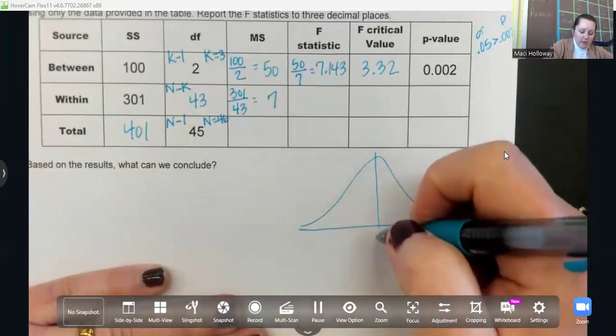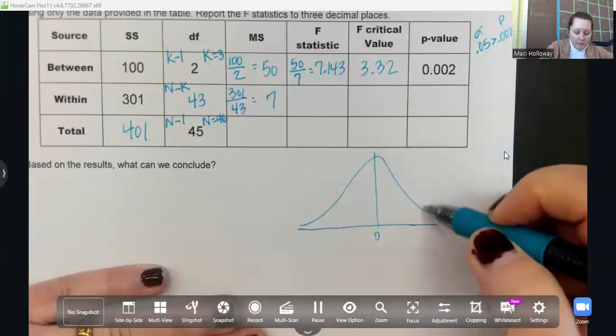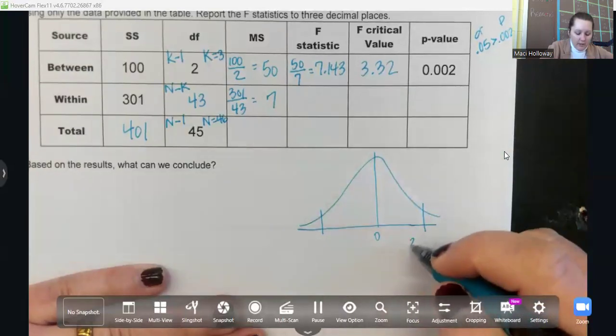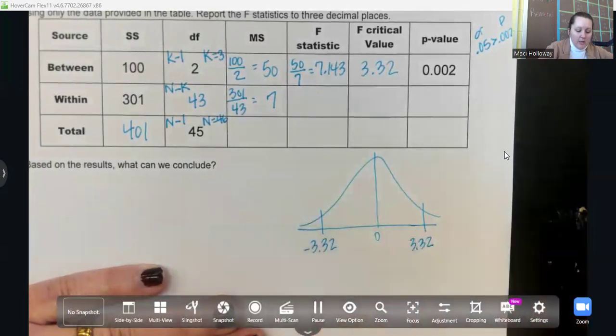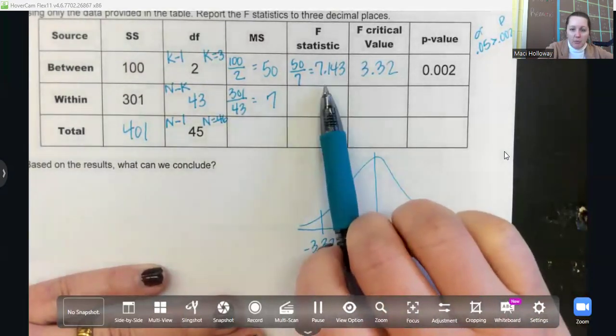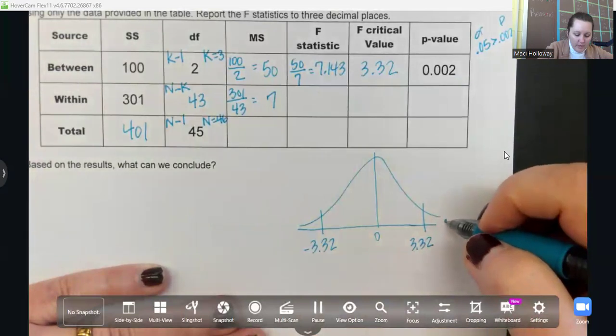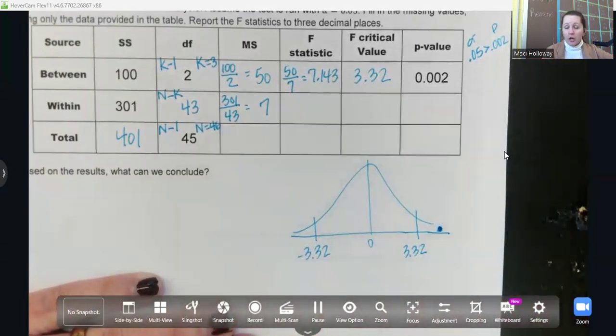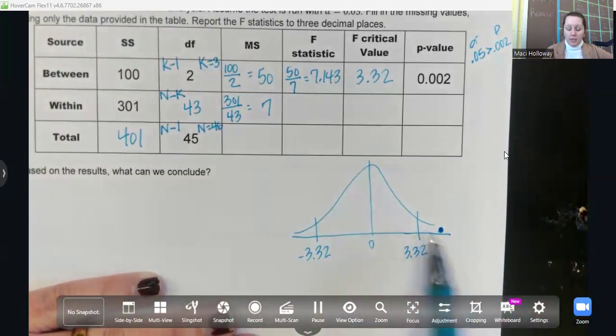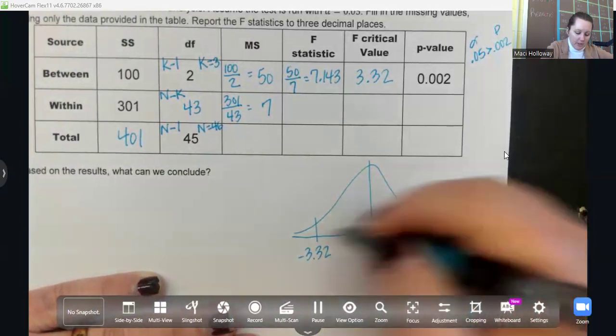Here I have 0, and then I'm putting my critical values here and here, 3.32 and negative 3.32. And my F statistic is 7.143. Well, that's way out here. So this helps me to confirm that I'm in the critical region here.